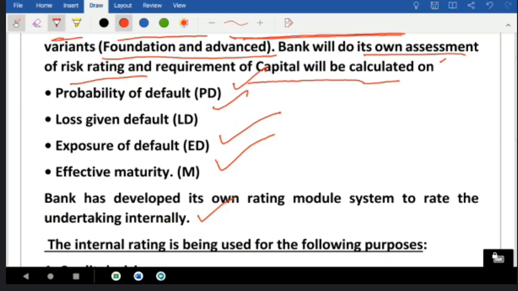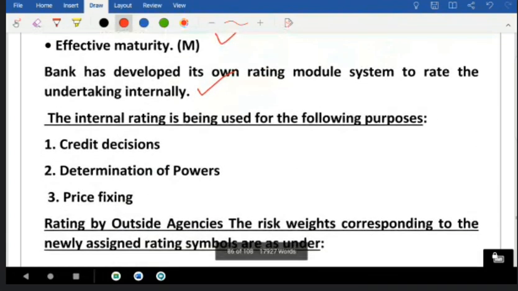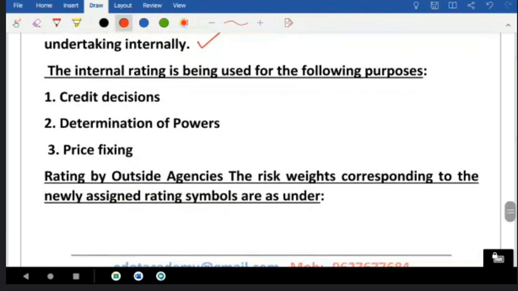And in our banking system, internal rating is used for the following purposes. Credit decisions, that means the decision is taken before the credit is given to a particular customer or advances are given to a particular customer. So credit decisions are taken.